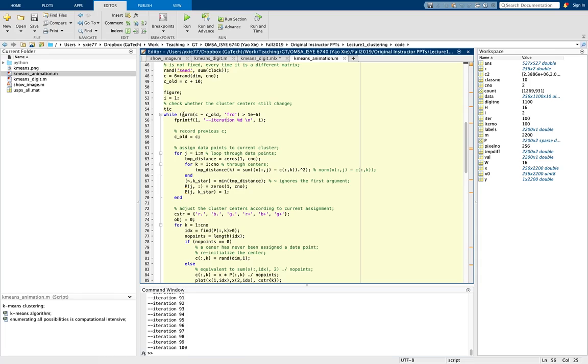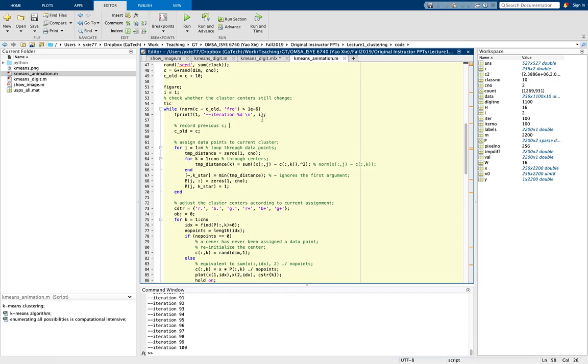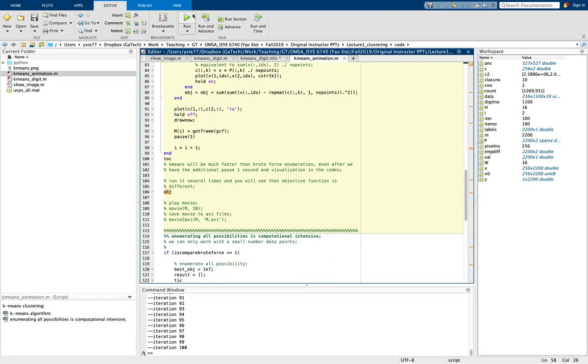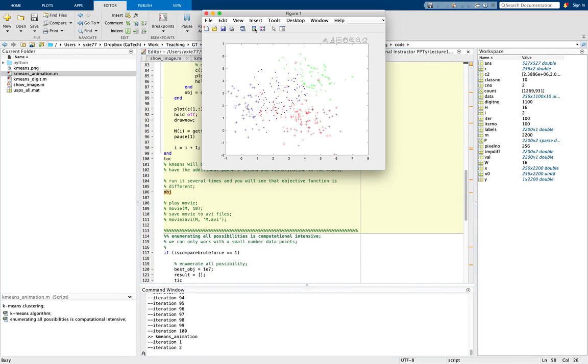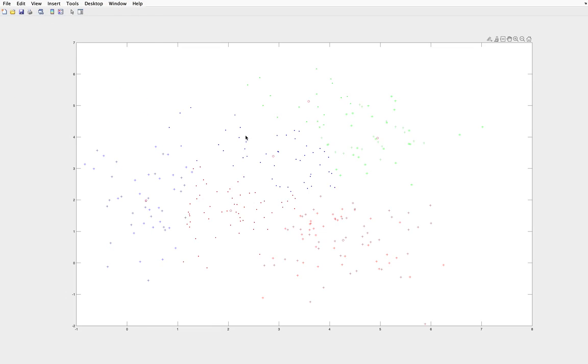Okay, so you check the difference between the centers C in the 2 iterations, and if this is smaller than 10 to the minus 6, you're going to stop the iteration. Okay, let's see what's going to happen. This is an animation, so you can run the code yourself to see the process. As you can see, as it goes, the centroids are being adjusted, and if you look at the points, especially at the boundaries, the colors are changing, so they are being put into different clusters as iterations go on.